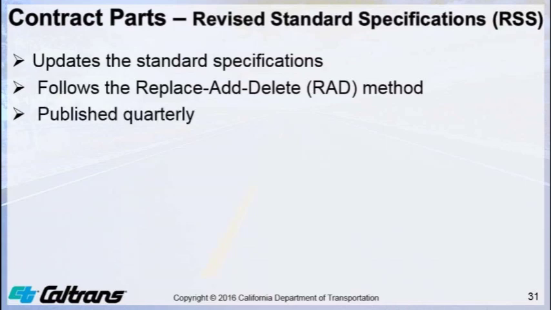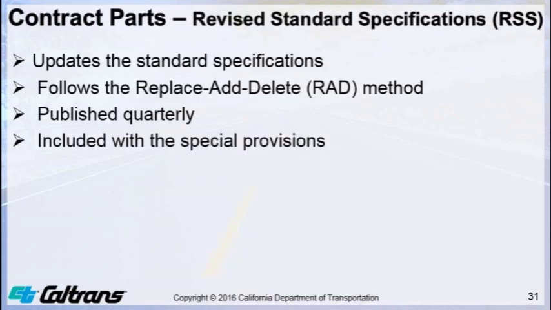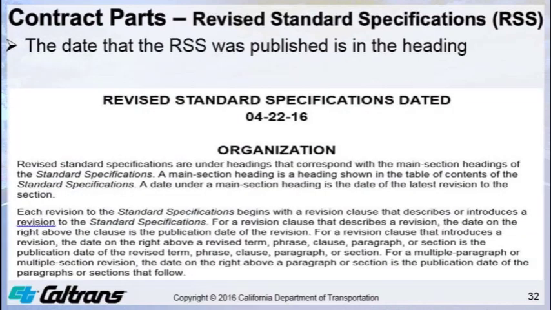The revised standard specifications are published quarterly unless special circumstances require immediate changes. The revised standard specifications version applicable to a contract is included in the notice to bidders and special provisions of the contract. Here is a look at the April 22, 2016 version of the revised standard specifications.